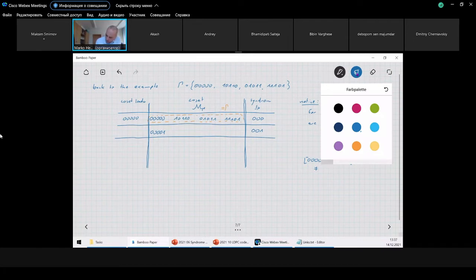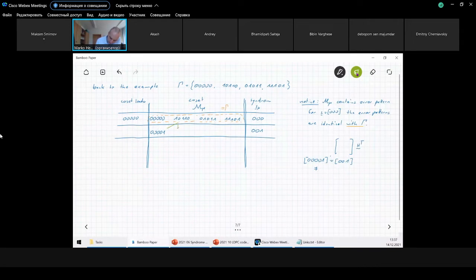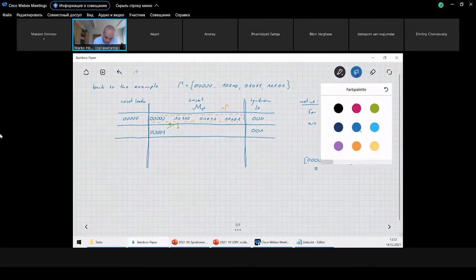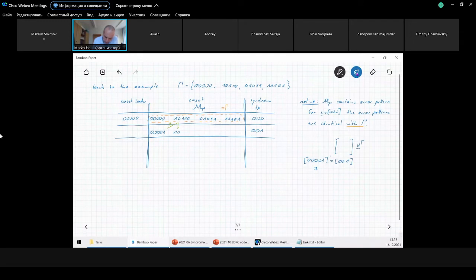If we add a member of gamma with our already found error pattern from this coset, we will get another member of the coset. We add these two, we get 1, 0, 1, 1, 1. And you could verify this. If you multiply this with H transpose, you will also get the syndrome 0, 0, 1.